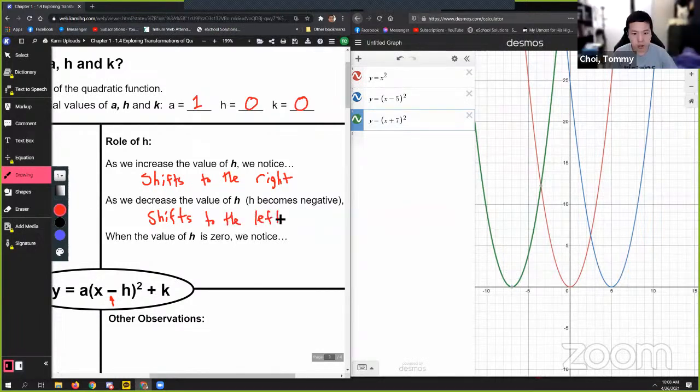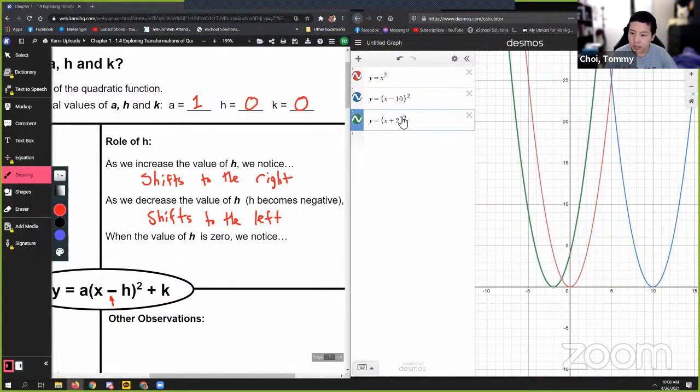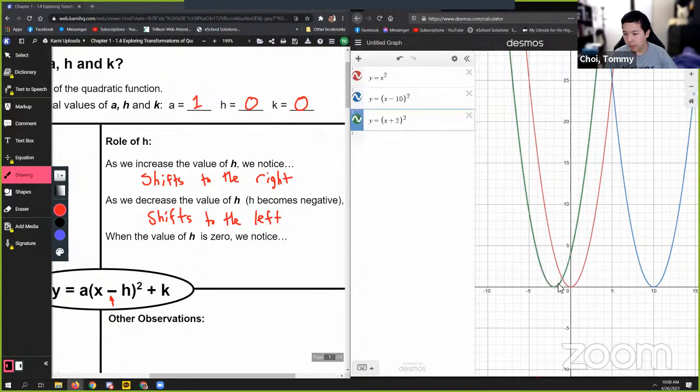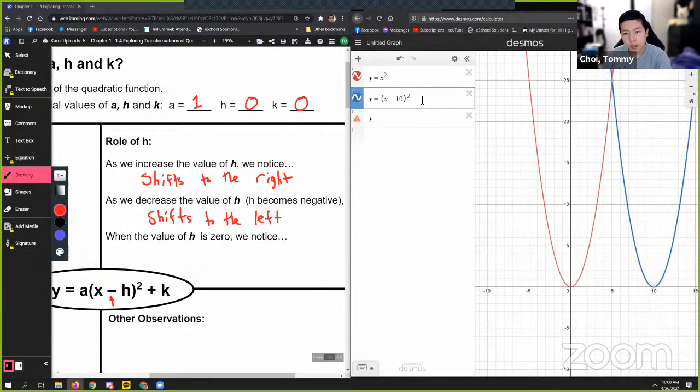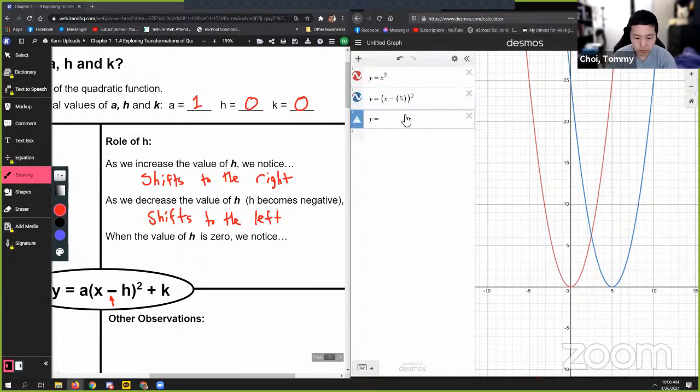Yep, just any numbers. Just to reiterate, I could change this to 10, I can change this to 2. It's still going to work out the same way, right? So let's reiterate that in a little more detail. Essentially what I've done is this.